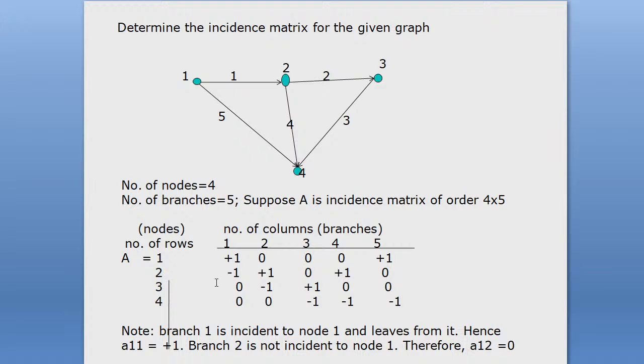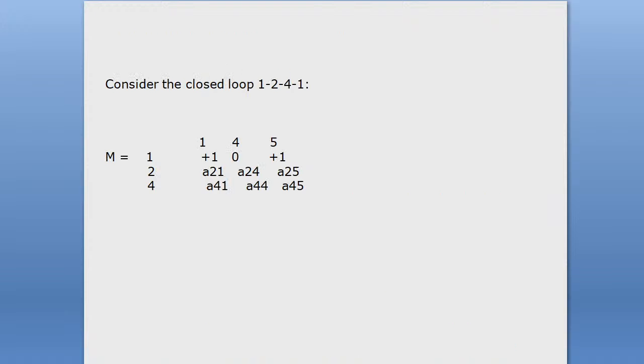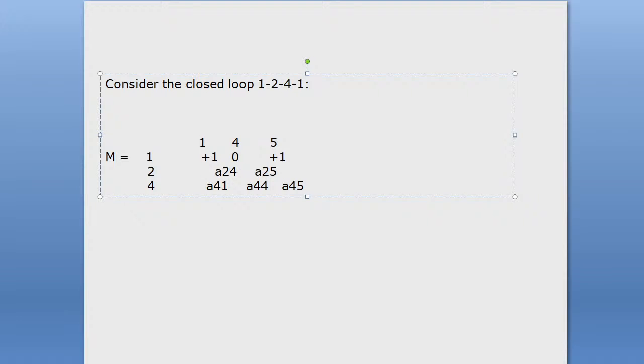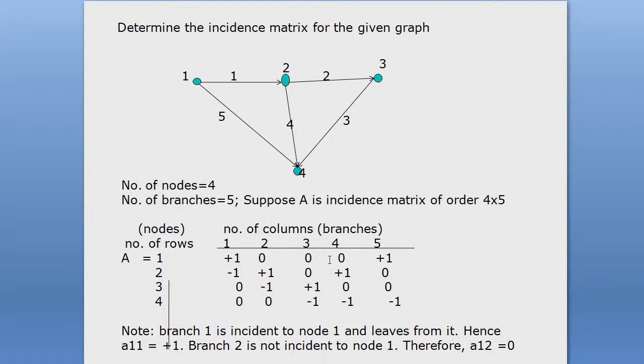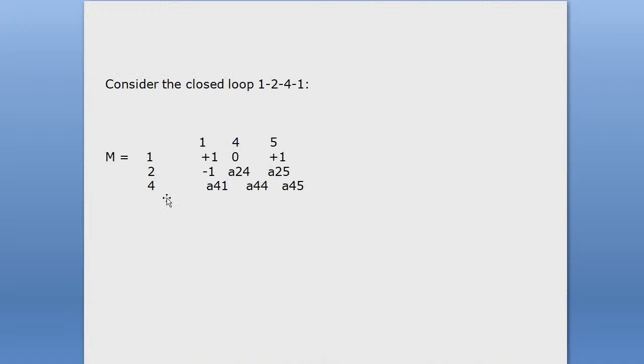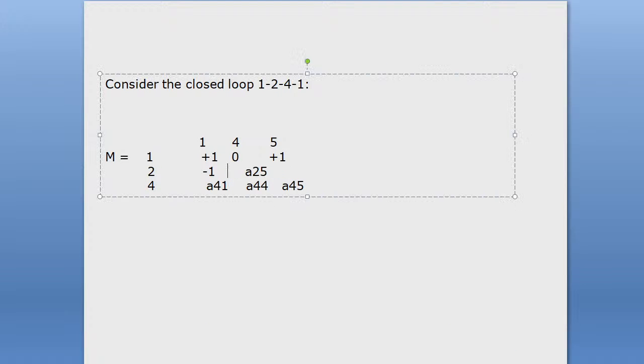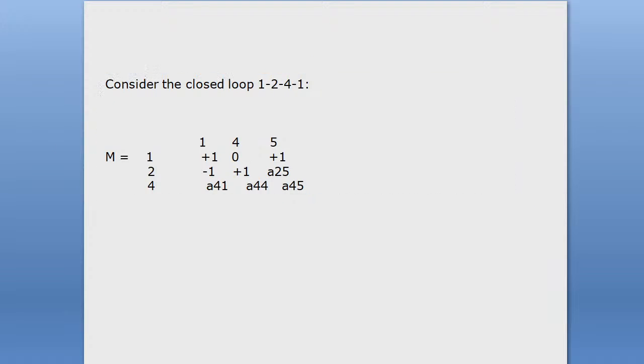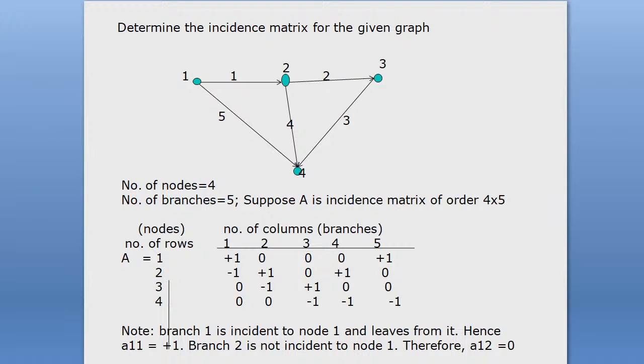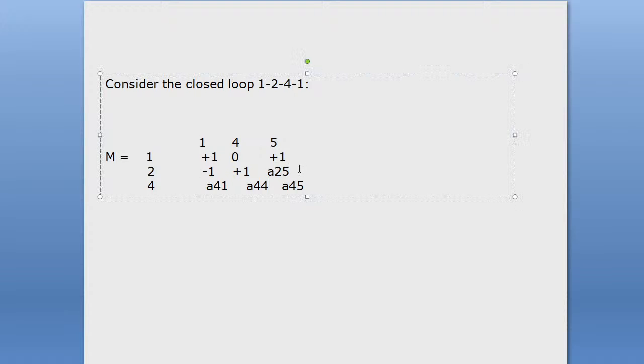A21 value is minus 1. A24 value is plus 1. A25 value is 0.